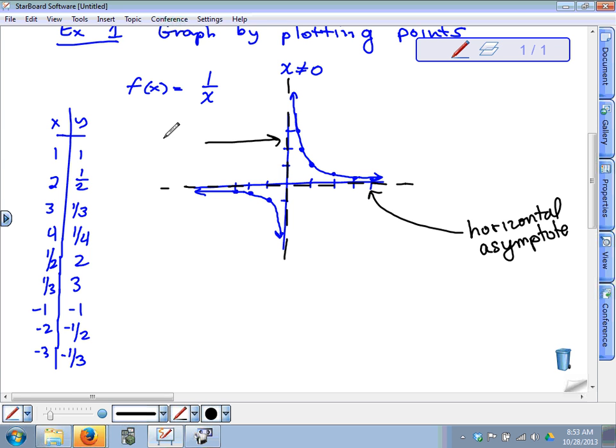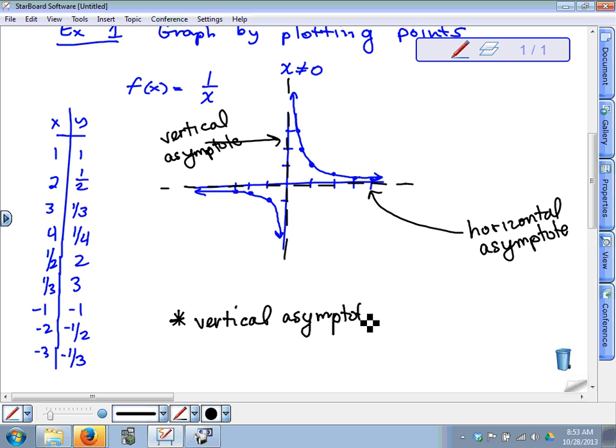This right here, obviously, is the vertical asymptote. Now, underneath your graph, put a star. Vertical asymptotes.